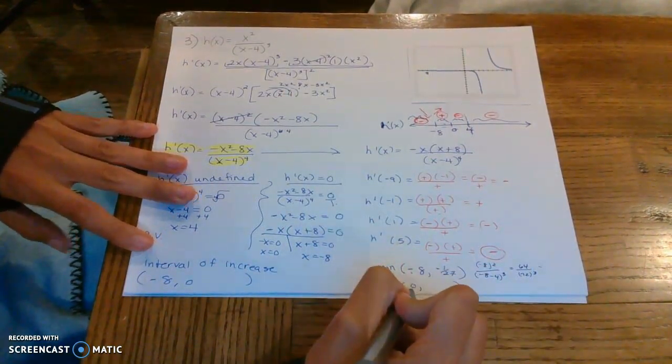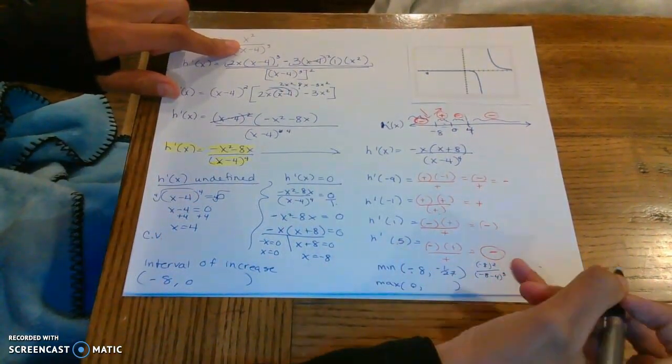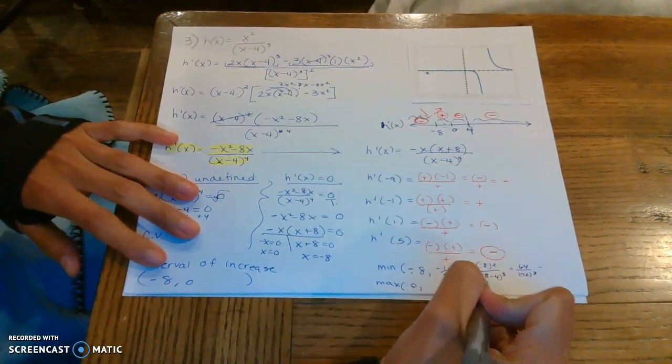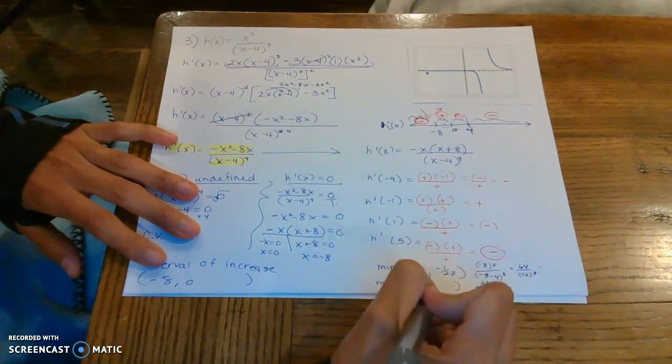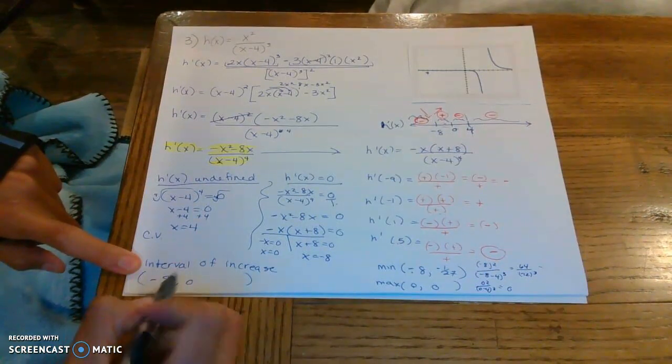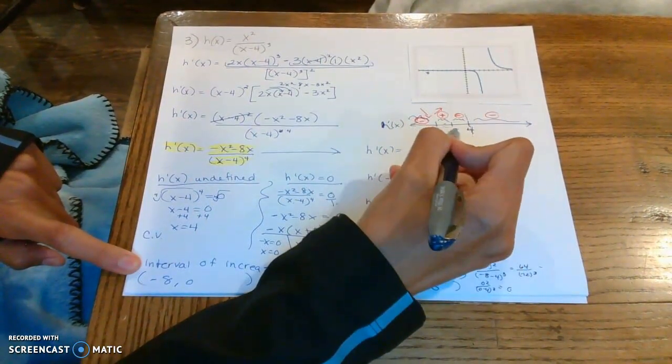And when I plug in 0, I get 0 squared over 0 minus 4 cubed. I'm just going to get 0. So that's my max.